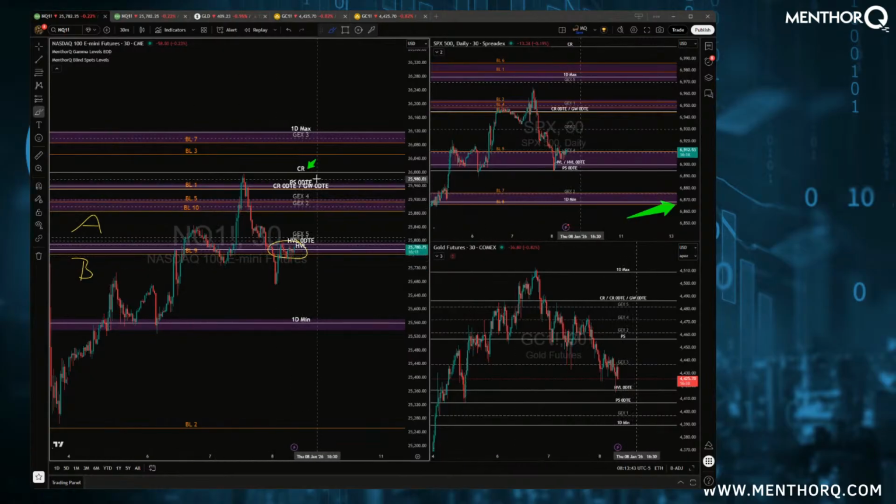I'm targeting the put support 0 DTE, call resistance 0 DTE, and the gamma wall 0 DTE. First, we want a good risk reward, because without a good risk reward we won't have a long lifetime as a trader. So first, I want to see a good risk reward. Can I have a really good risk reward?